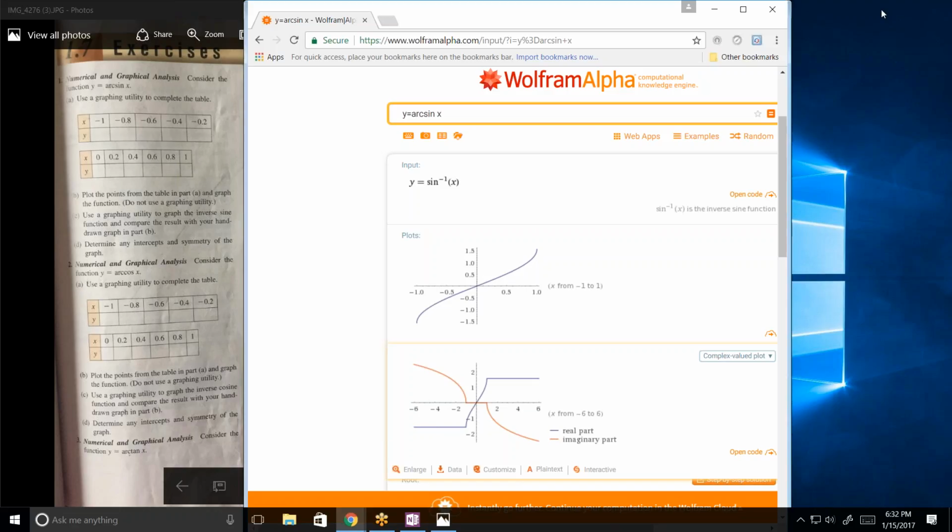Origin. Okay. What's the y-intercept? Origin. Correct. Okay. So we figured out all intercepts and symmetry. Now, number 2 wants you to do exactly the same thing, only with inverse cosine. So let me get it up here.